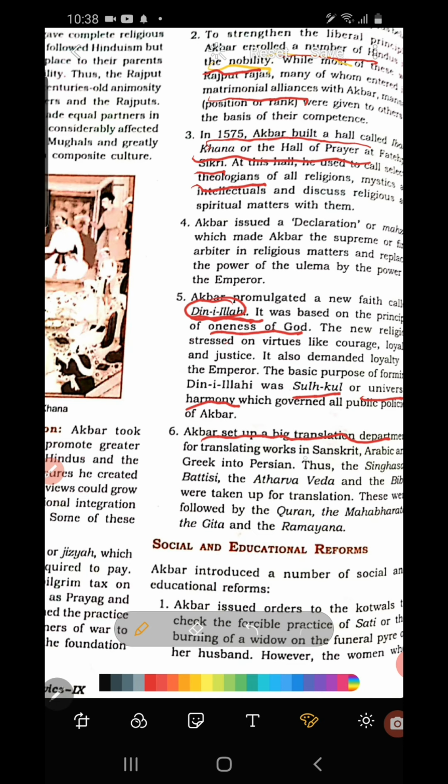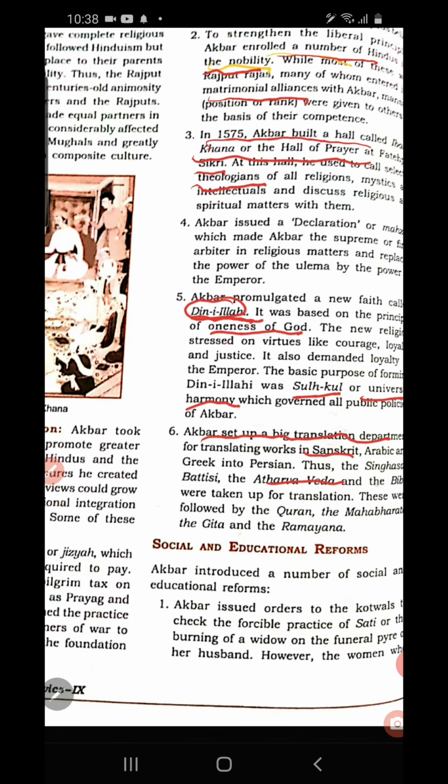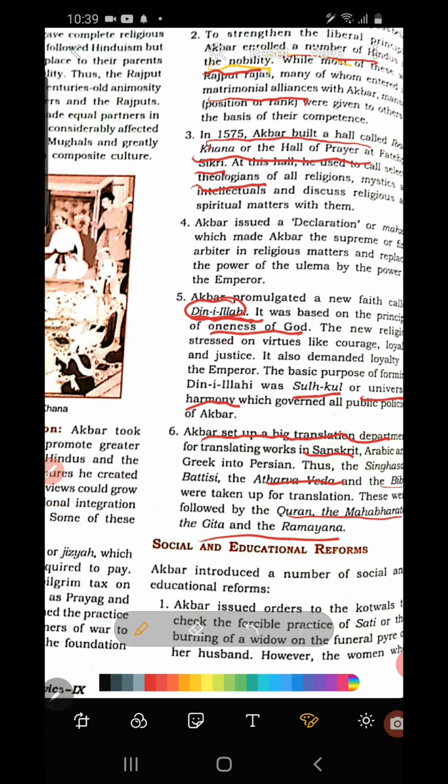The Sanskrit and Arabic works, like the Atharva Veda, the Bible, the Quran, the Mahabharata, the Gita and the Ramayana, were translated into different languages so that others could also read and understand these religious teachings, establishing religious harmony and tolerance. So this brought about integration and unity between Hindus, Muslims and all other religious people in India during his period.